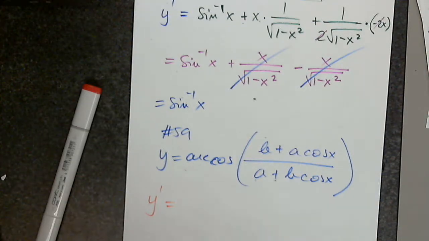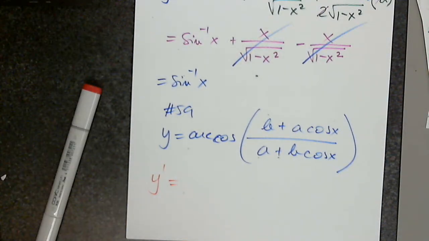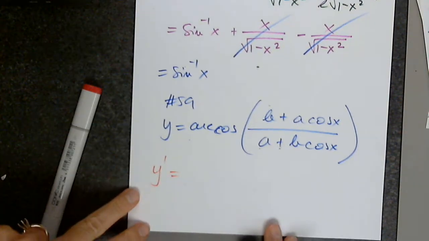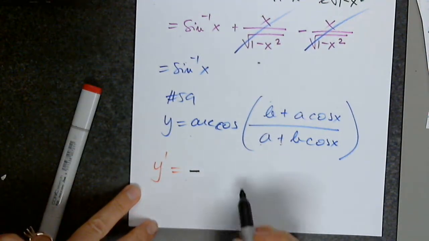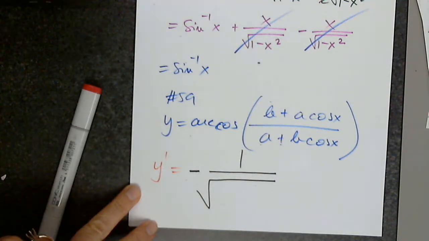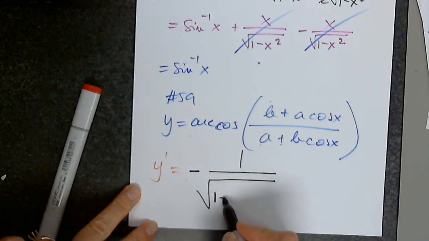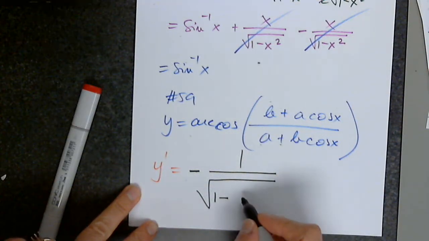Good. So when I differentiate cosine inverse or arc cosine, what do I have to write? Negative in front, 1 over the square root of 1 minus all this thing squared. Awful.